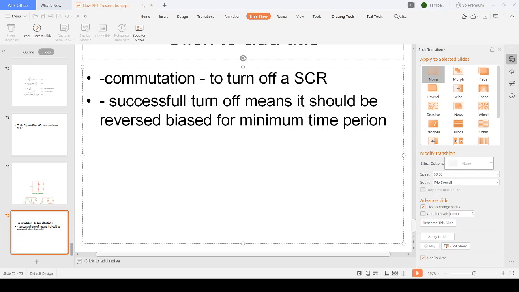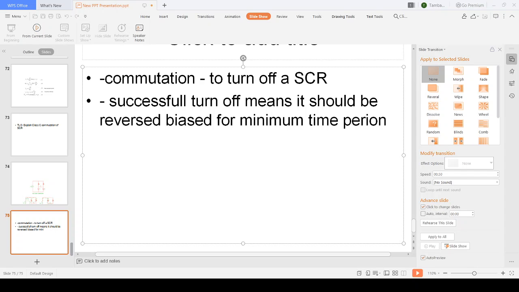A successful commutation, or successful turn off, means the SCR should be reverse biased by an external circuit for a minimum time period. We know that biasing is divided into two categories, forward bias and reverse bias.